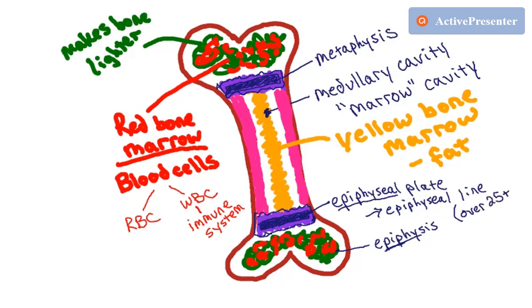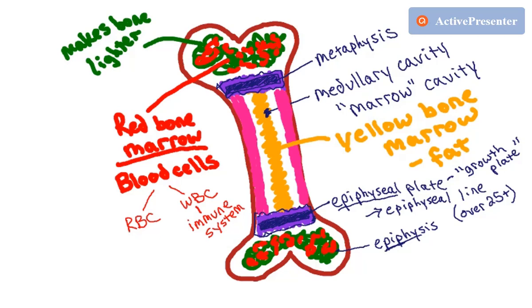Once you're over about 25 years of age, the plate goes away. The epiphyseal plate is also called the growth plate. And so when you're younger and you're still developing and you're still getting taller and your bones are still lengthening, they lengthen from these plates.